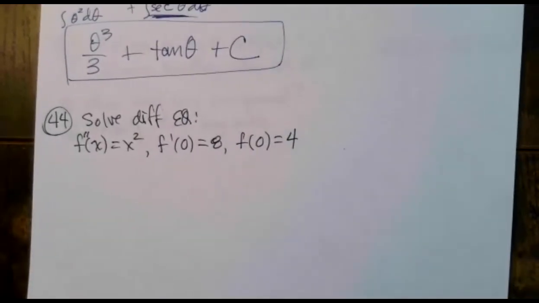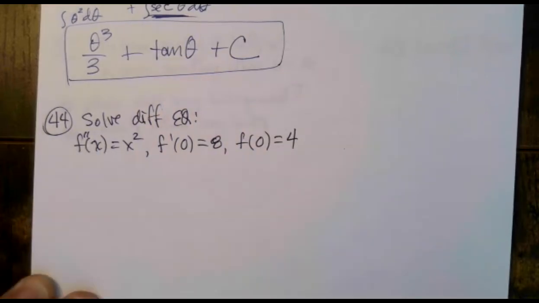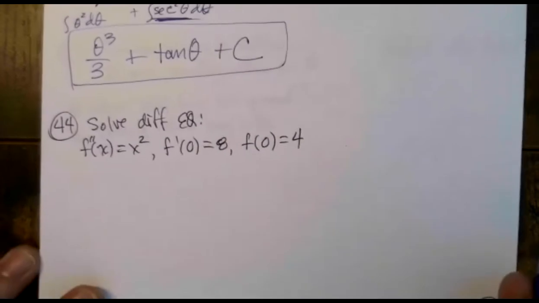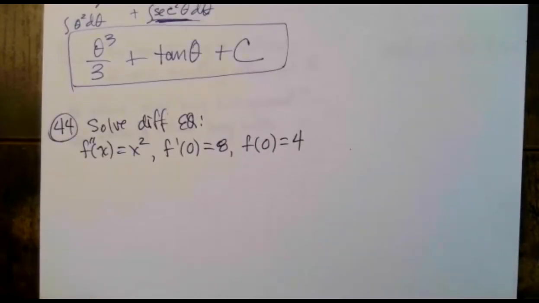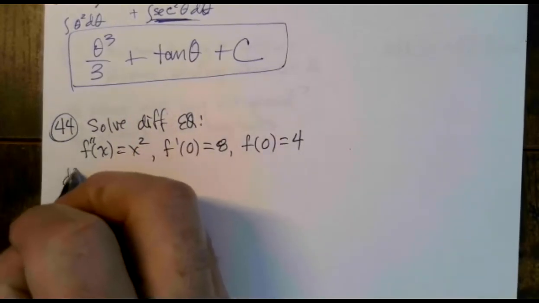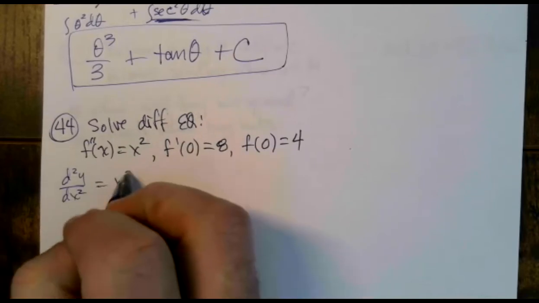All right, solve the differential equation. Now remember, a differential equation is an equation with differentials in it, derivatives in it. So notice I have a second derivative here. We did one similar to this at the end of the last video, if you were still with me. So we need to undo the derivative. Now, technically, if I was going to be all careful about notation, I'd be saying d2y over dx squared equals x squared.